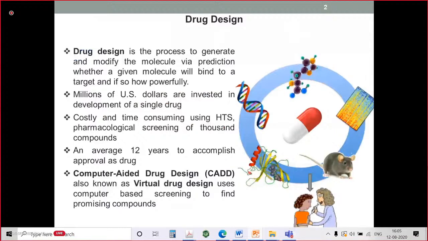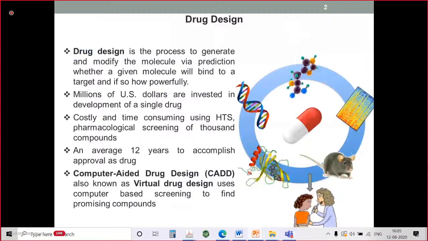If we calculate the time and effort required to design a single drug molecule, it takes an average of 12 years to accomplish the approval of the drug.